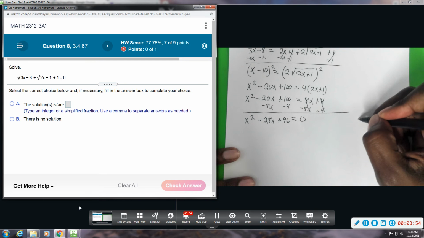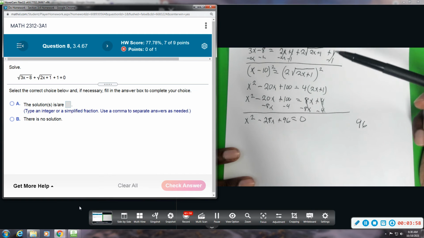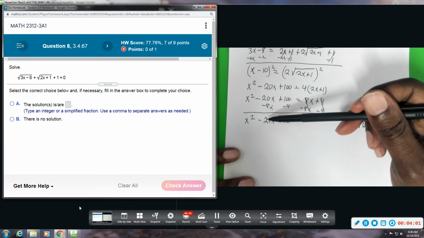Okay, so now we're going to see if this will factor. We're going to look for the factors of 96 that when you add, you get 28.